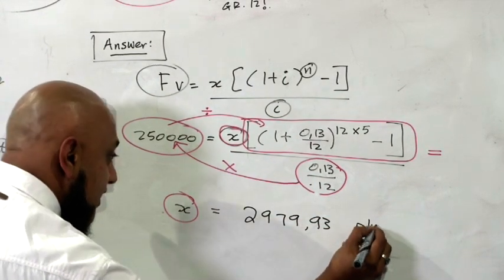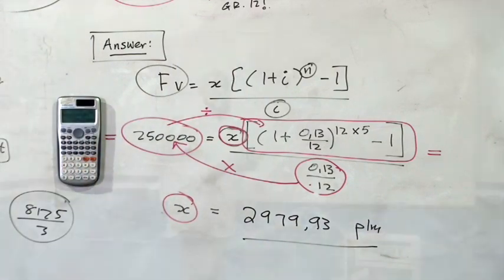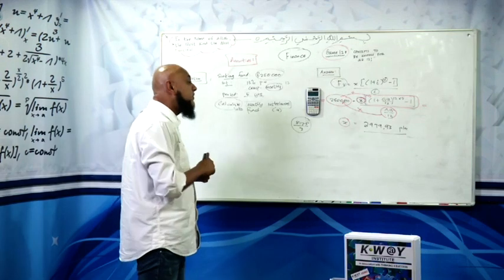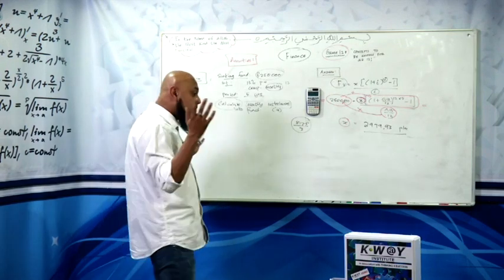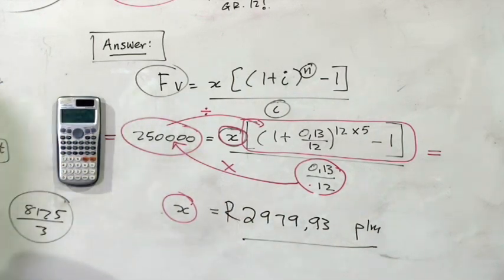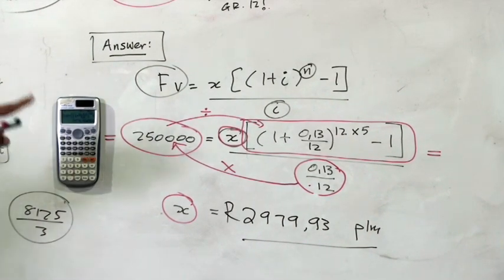Per month. So for some people who need to save their marriage because they need to build that kitchen for their wives in 5 years' time, you have to make sure that you have 2,979 rand and 93 cents per month that you're going to put into a fund that is going to earn 13% per annum compounded monthly over a period of 5 years.